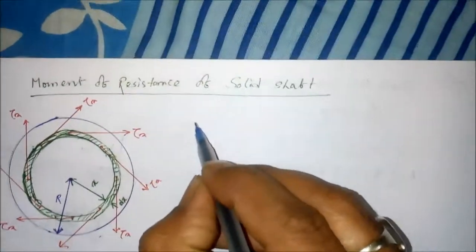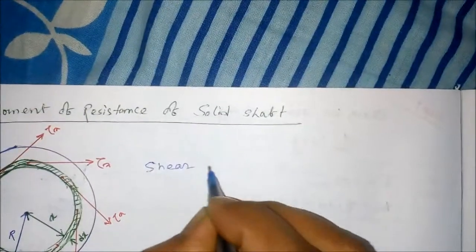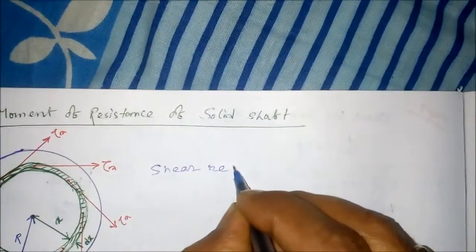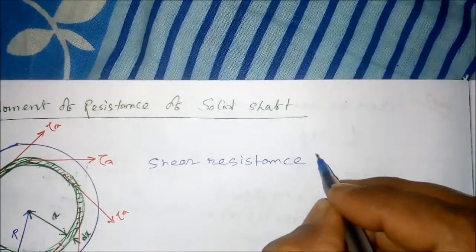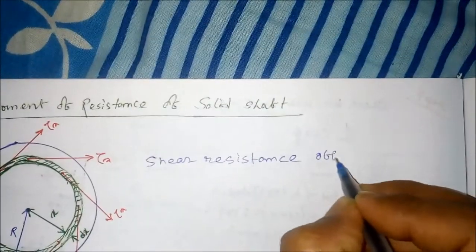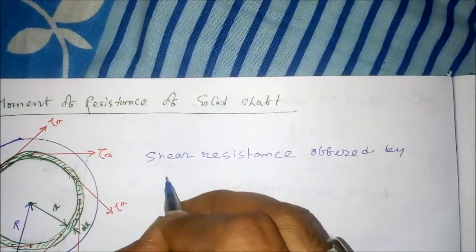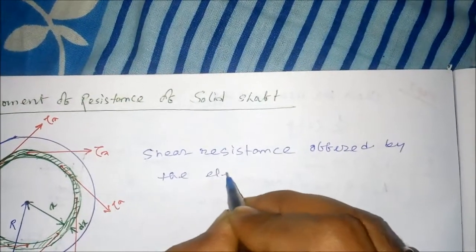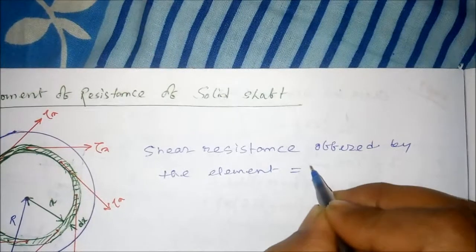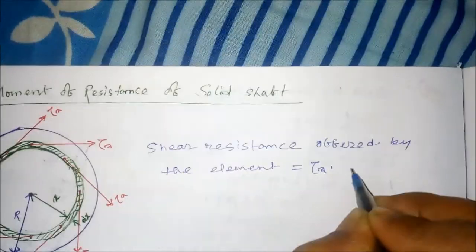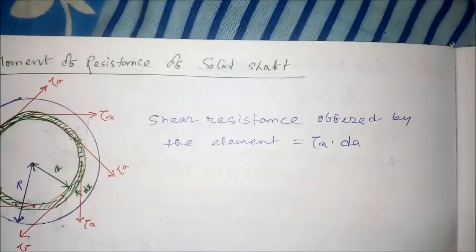So the shear resistance offered by the element will be equal to tau x, that is the shear stress, multiplied by dA, the elemental area.